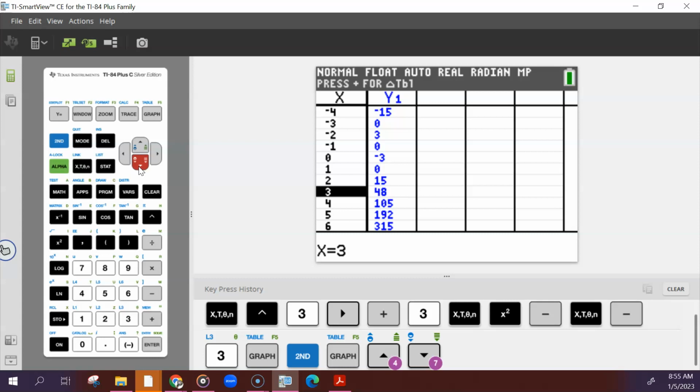What are the other words for x-intercepts? Zeros. So that's your x values in general, specifically for your x-intercepts. We have zeros, roots. There's one more.